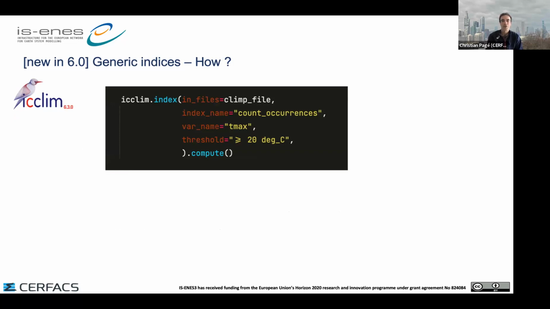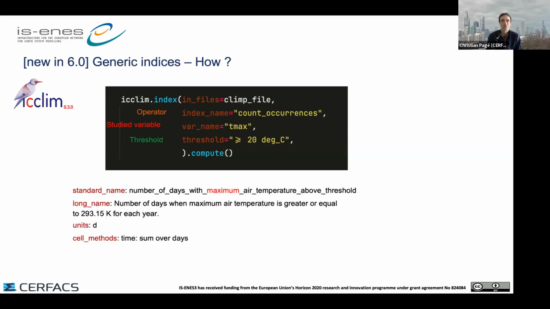if you want. So you can define your own climate index with the variable name is maximum temperature, so Tmax. We want to count the number of occurrences. So the index name would be the operator. And the threshold would be greater or equal than 20 degrees C. So we have those three features to have this generic climate index.